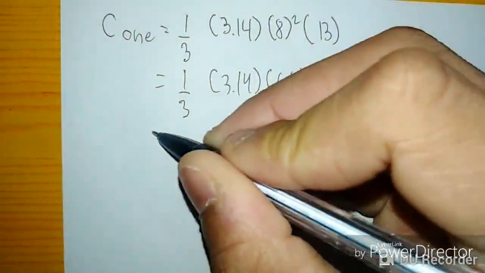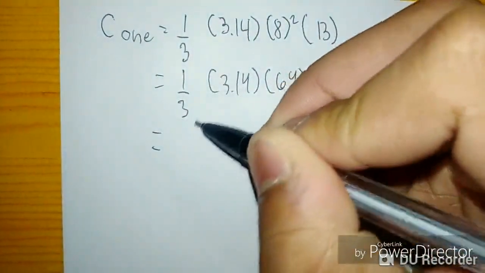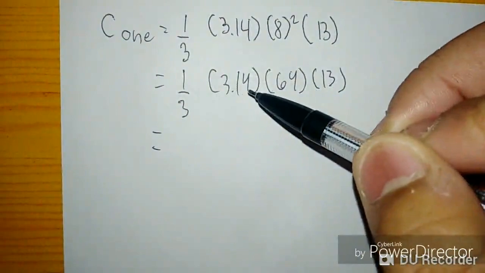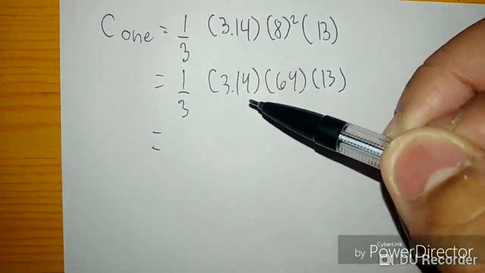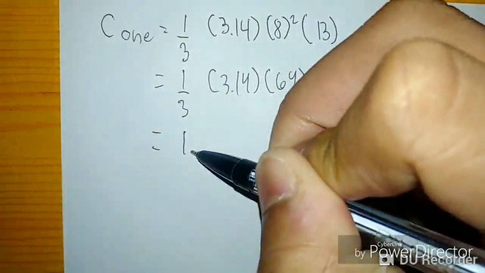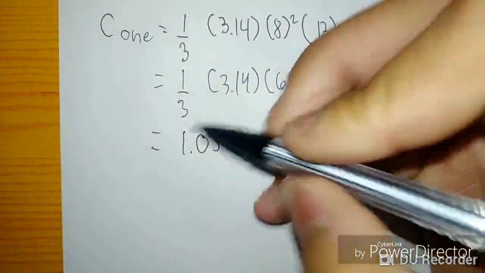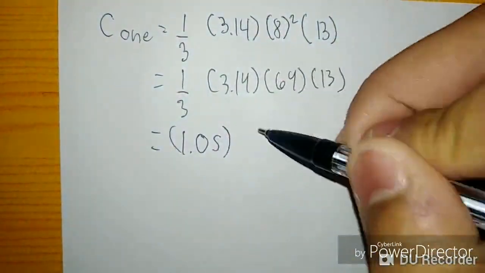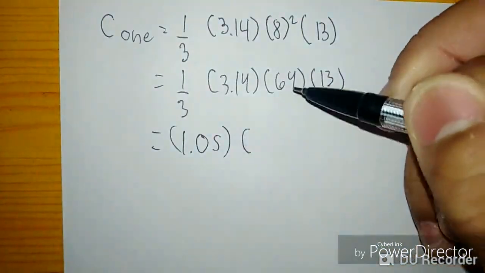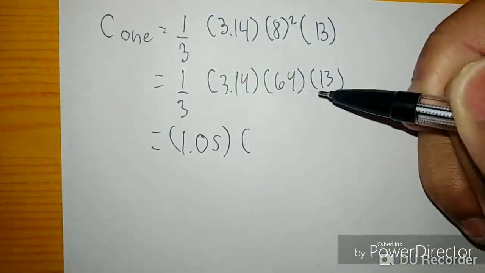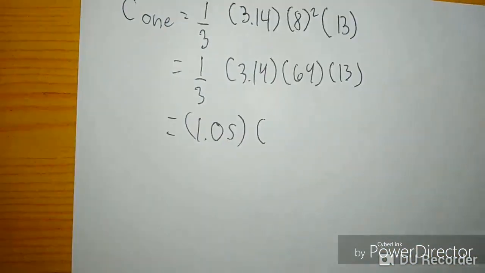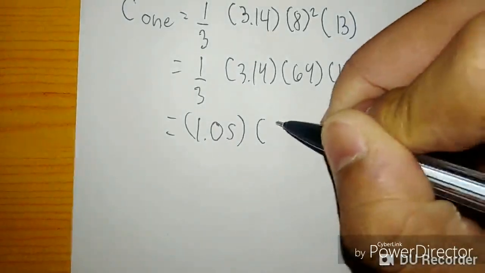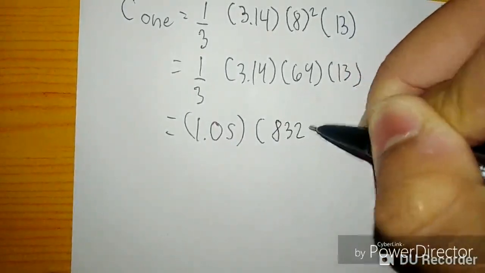So let's combine these two values, 1/3 multiplied to 3.14, and the product will be 1.05. Then multiplied to the product of 64 and 13, which is 832.